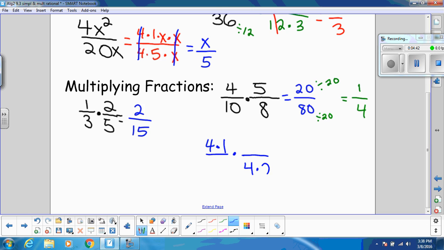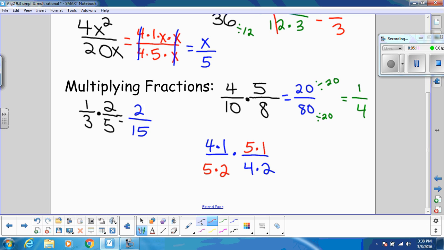And the reason I'm doing that is because I know that I'm going to have 4's in the numerator and the denominator. Okay? Now the same thing with 5. 5, the only thing I can do with 5 is 5 times 1. Okay, so I don't really have much option there. 10, I could do 10 times 1, or I could do 5 times 2. So which factors would be more beneficial? Well, I think the 5 times 2 would be better because I already have a 5 in the numerator.